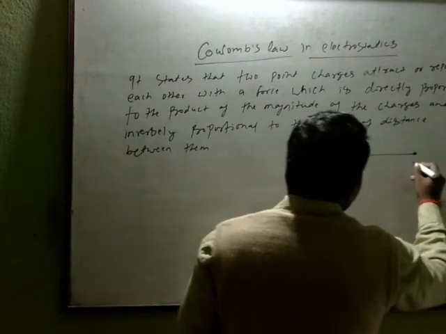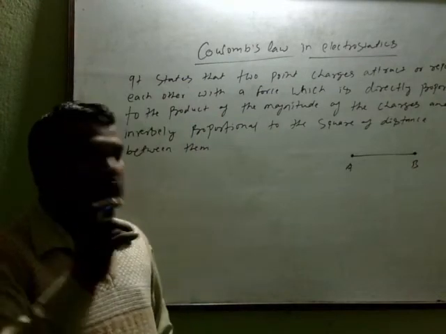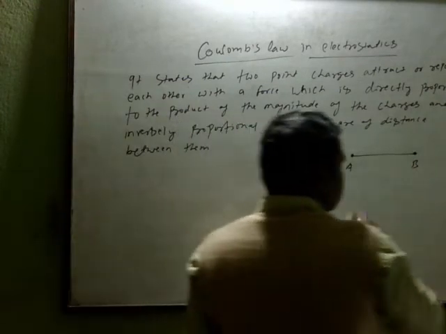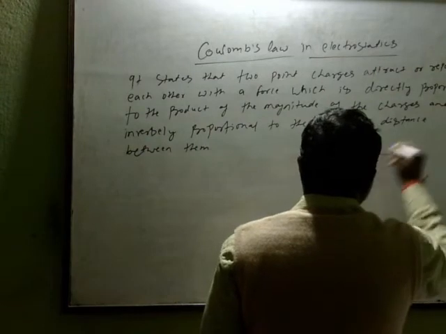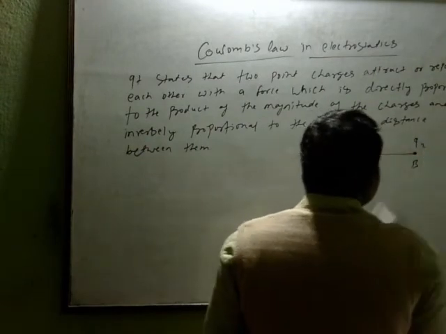You can put the names also. Suppose here is A and this is B. A and B are two point charges that are placed. You can put here Q1 charge and here Q2.